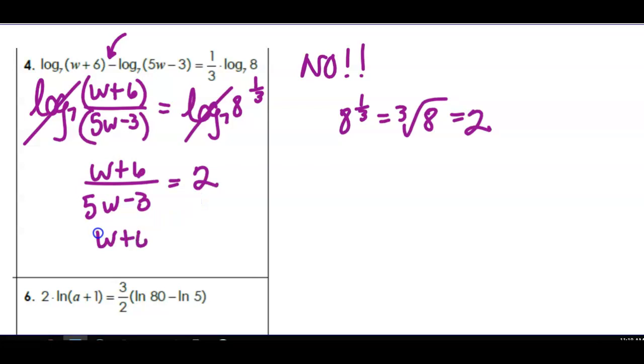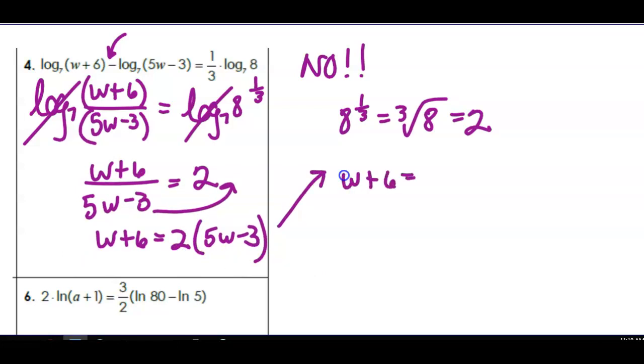So if I multiply the 5w minus 3 up onto this side, then I could finish. Okay, I'm going to go real fast. W plus 6 equals 10w minus 6, which would be 9w equals 12. 12 divided by 9 would be 4/3.